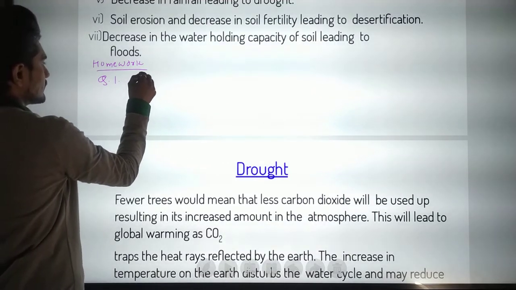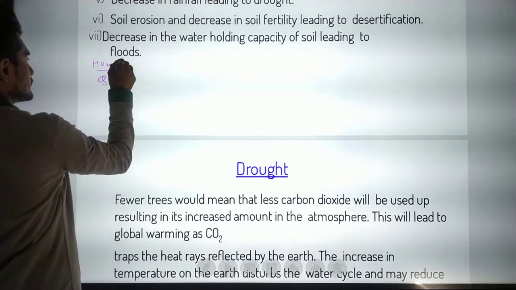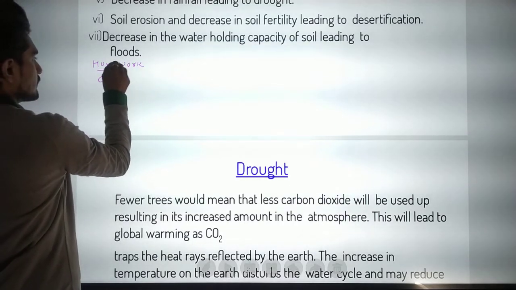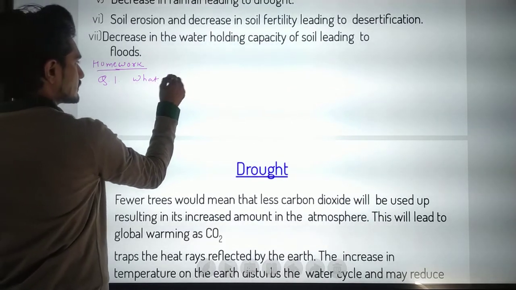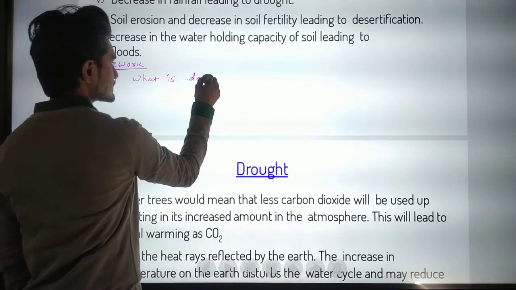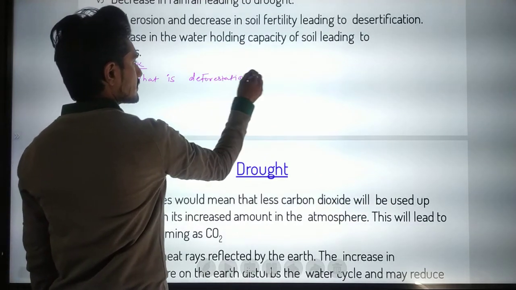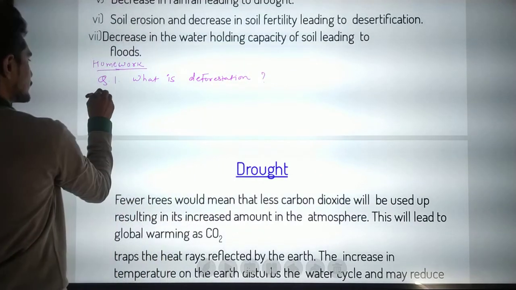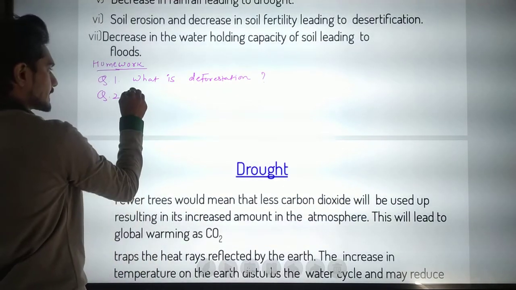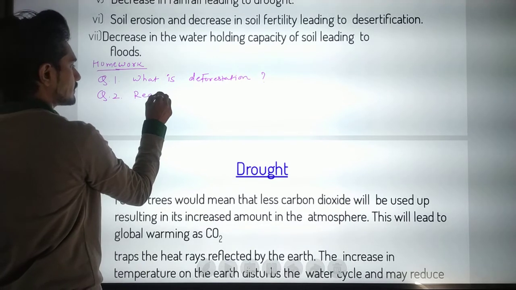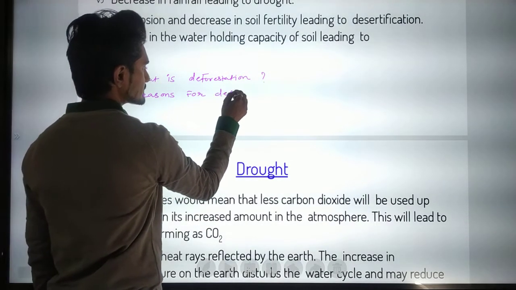What is deforestation? Question number 2. Reasons for deforestation.